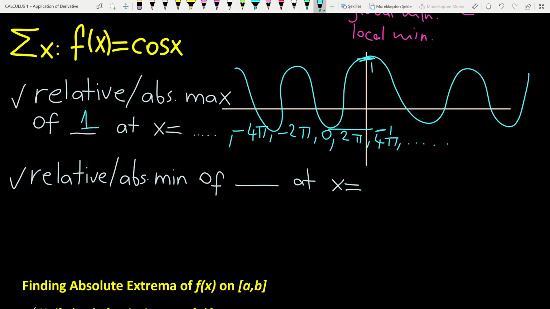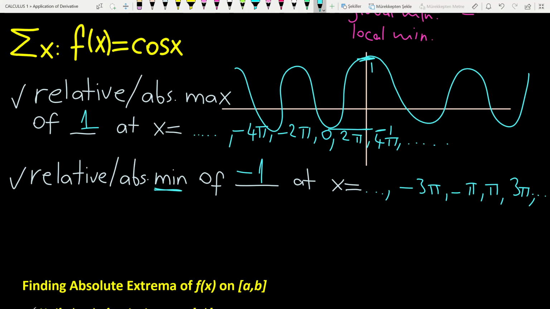You also have many points that make the cosine function minimum, and the relative or absolute minimum of minus 1 occurs at the points, as you see, minus 3 pi, minus pi, and you can continue, pi, 3 pi, all odd multiples of pi.